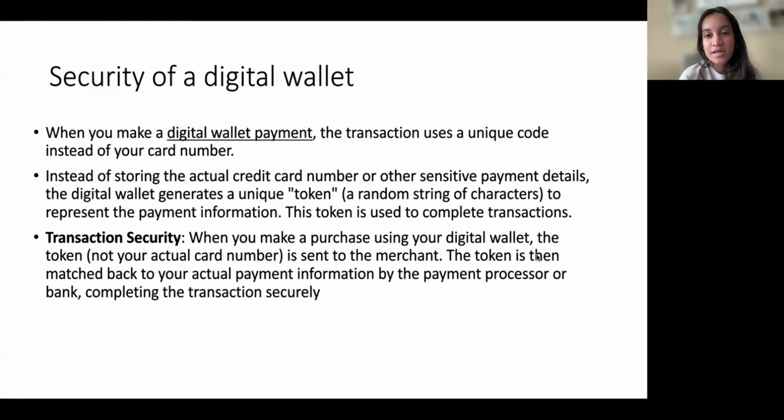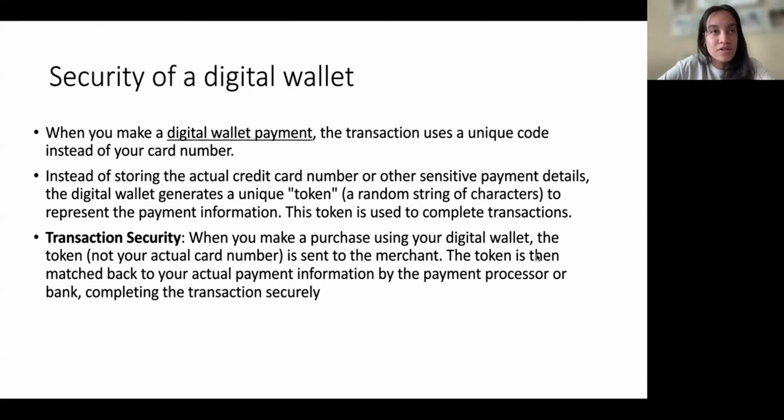And this random string is what's used to complete the transaction. So every time you use your phone's digital wallet to pay, the merchant is not seeing your actual credit card number. Instead, it's using this token that randomly changes every time you pay. The token is matched back to your actual payment information by the bank to complete the transaction securely. So the bank is the only one that is able to actually see your actual credit card number.